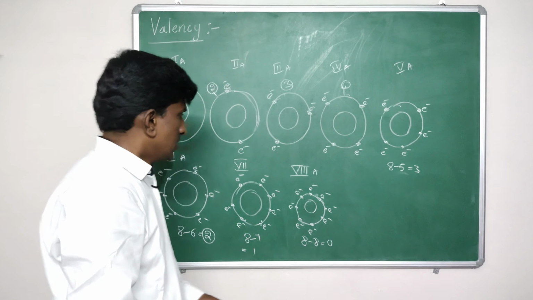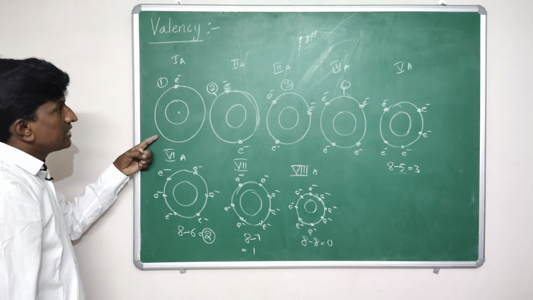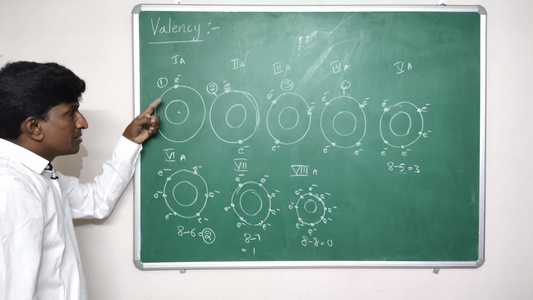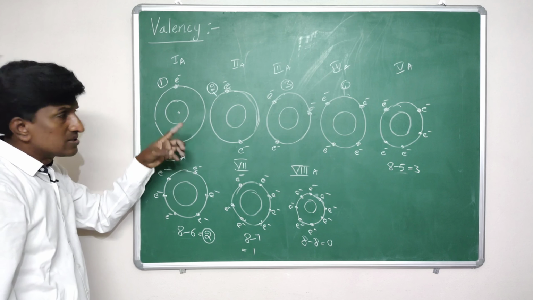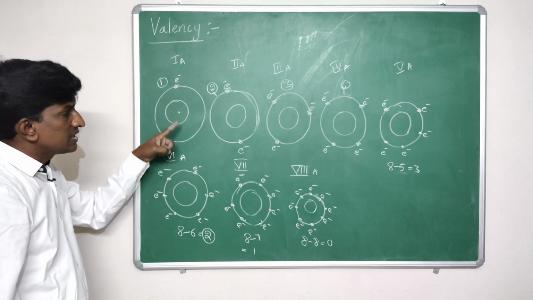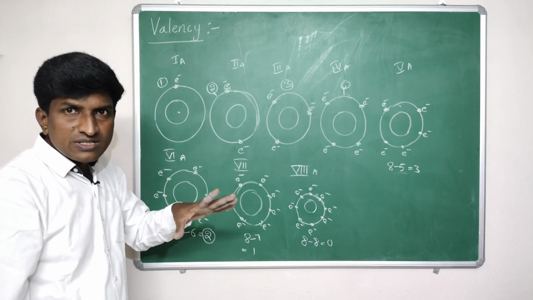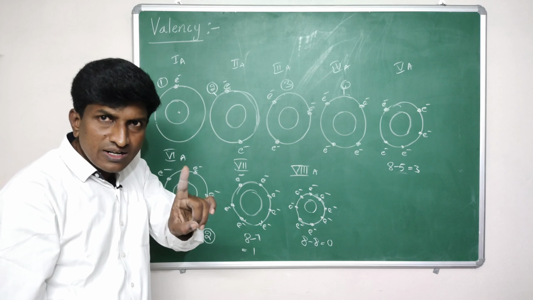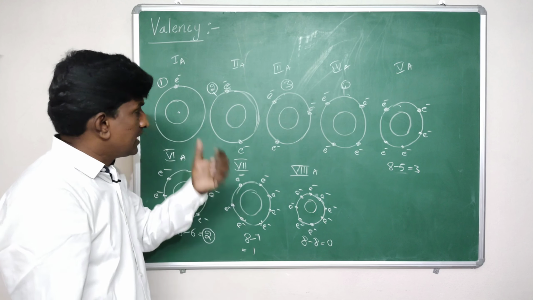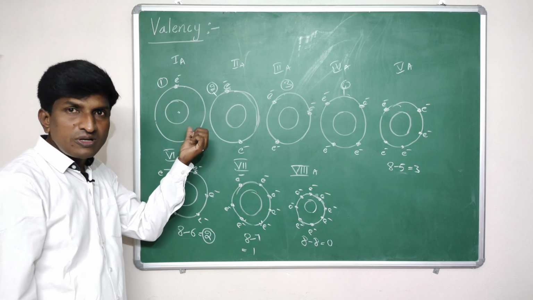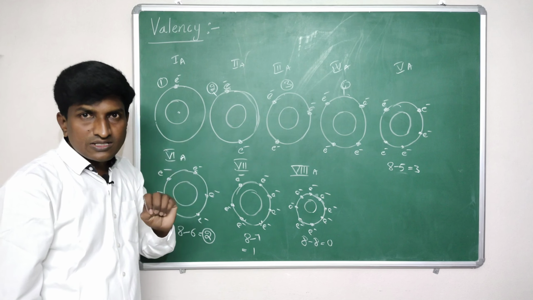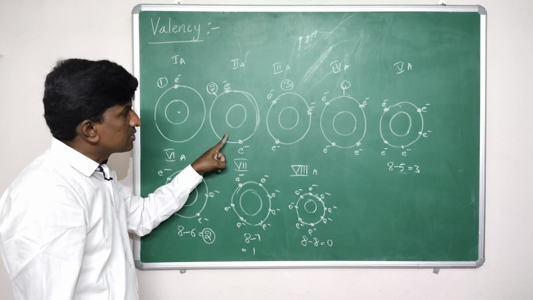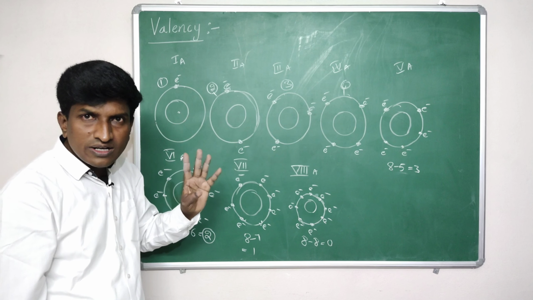For example, to get stability, first group elements would require 7 electrons to get octet configuration. For that, the first group elements lose only 1 electron. If they lose 1 electron, then the inner orbit has 8 electrons. Similarly, the second group elements lose 2 electrons.